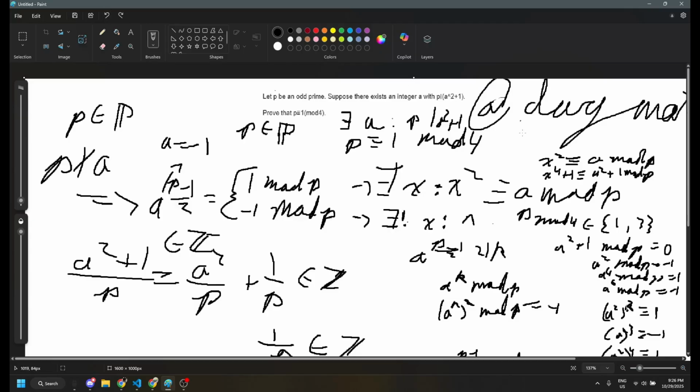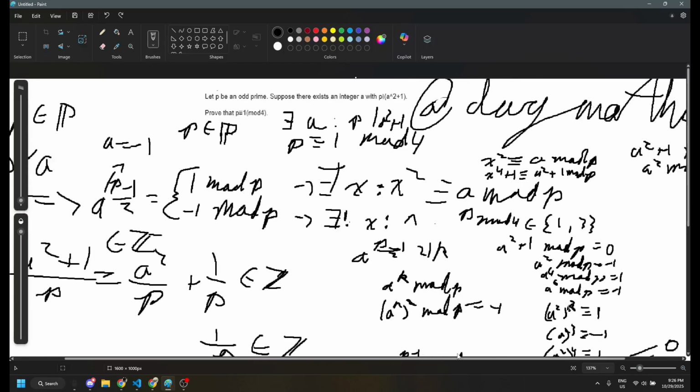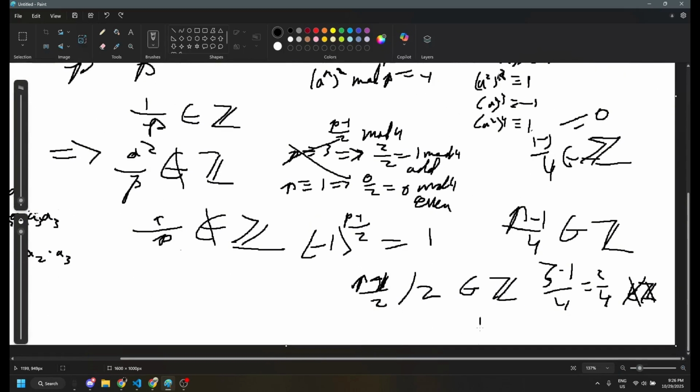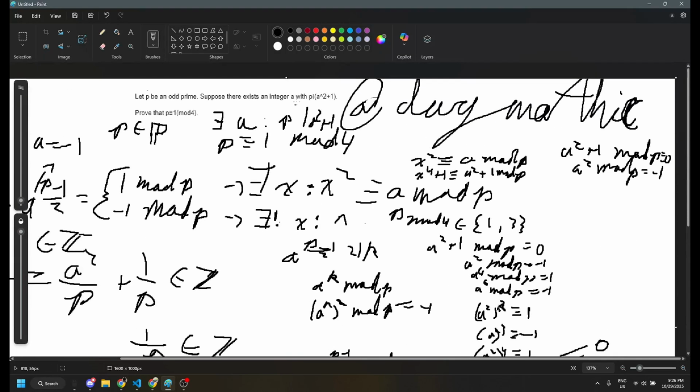Plugging that into Euler's criterion, we get that -1 to the p minus 1 over 2 has to be equal to 1, which means that p minus 1 over 2 must be even, which means that p must be congruent to 1 mod 4. Therefore, proving that if p divides a squared plus 1, p is congruent to 1 mod 4.